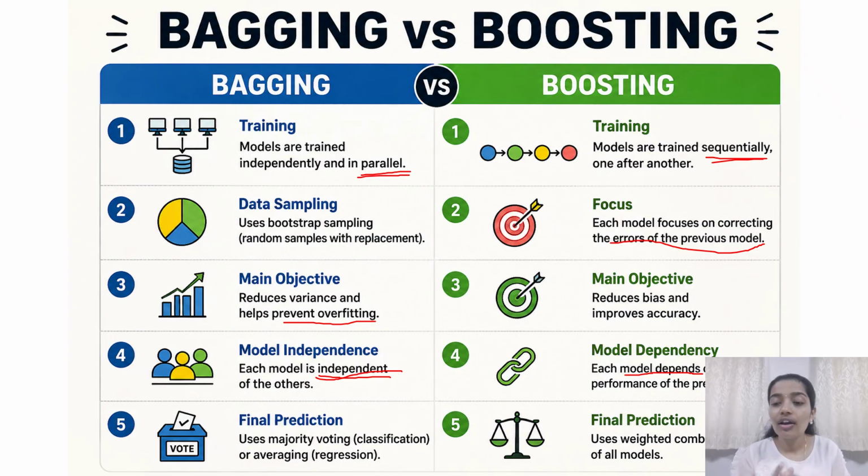Whereas in boosting, we will only get one answer, and the answer of the final model will be considered, because that is basically the weighted average of all the models. First model will give some predictions, and based upon that prediction, the second model will perform. So we won't get 5 different outputs.